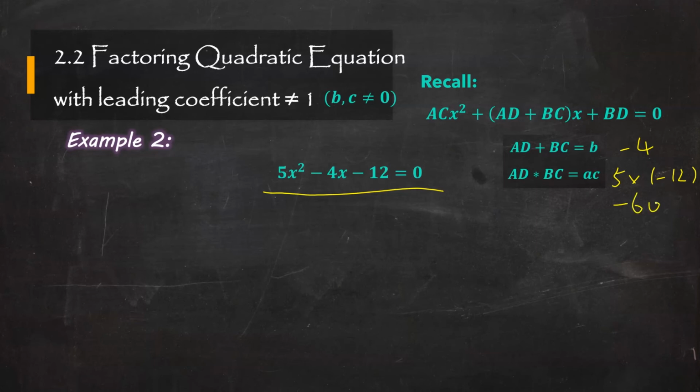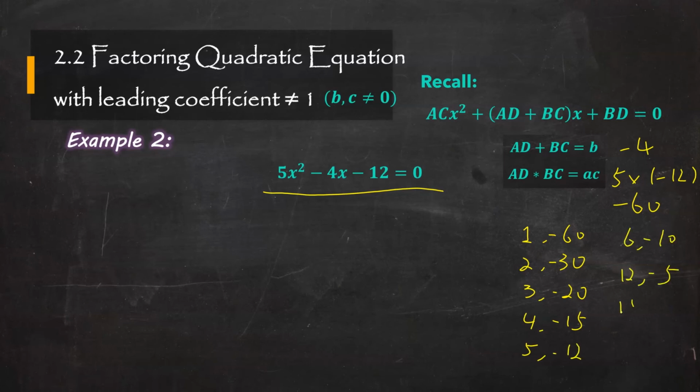So now we can find the two factors that satisfy our first equation. So we have 1, -60, 2, -30, 3, -20, 4, -15, and then 30, -2, and 60, -1.